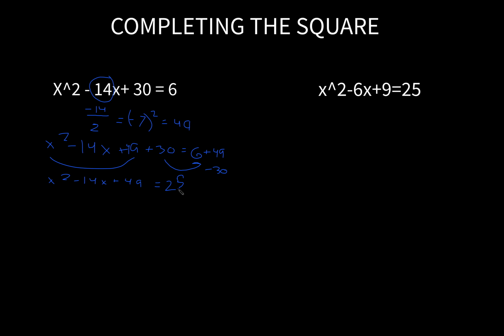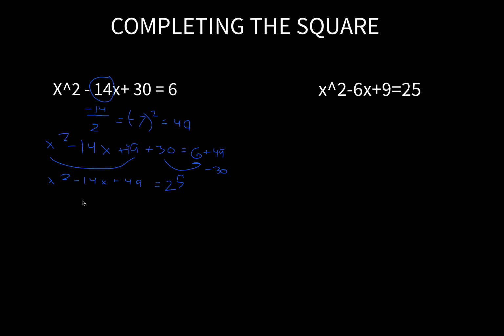There we go. So now let's go ahead and tackle what is on the left side of the equation here. Since we have x squared minus 14x plus 49, the magic number here that we're looking for is -7, as it squared equals 49 and -7 plus another -7 would equal -14.